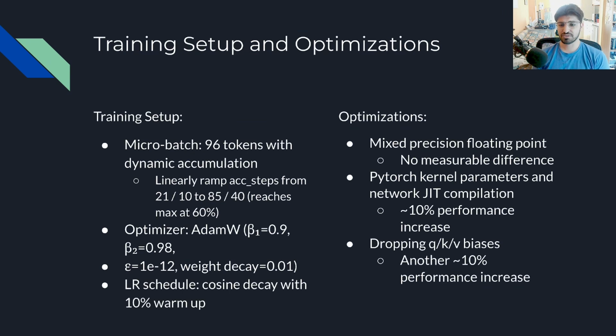Due to memory constraints, in order to train the network, I used micro batches of 96 tokens with dynamic accumulation. Following the Cramming paper, on my first attempt, I used their values, starting with 21 accumulation steps, giving us an effective batch of 2000 tokens, and ramping to 85 accumulation steps, giving us an effective batch of 8000.